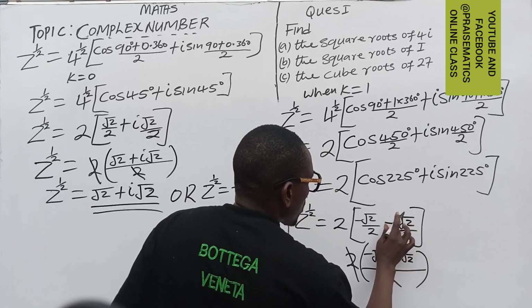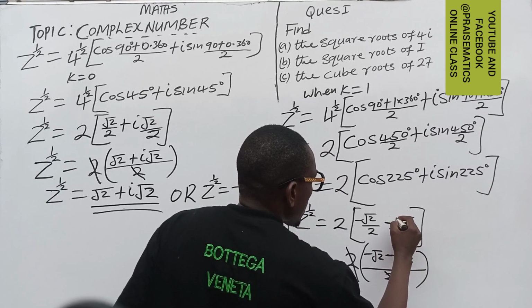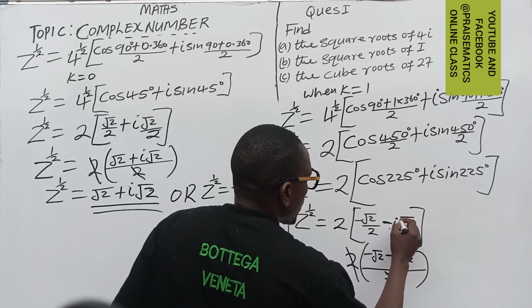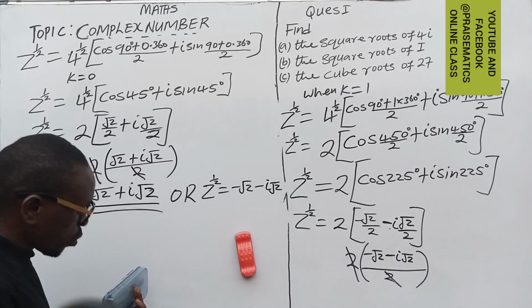Here also we are supposed to have i. We have minus i root 2. So that is how to solve it.